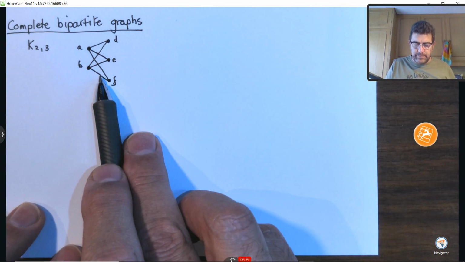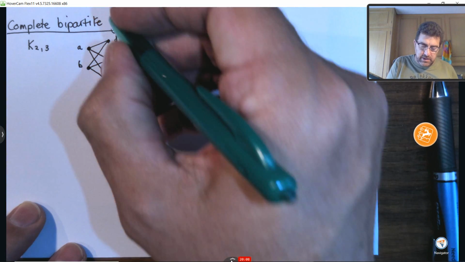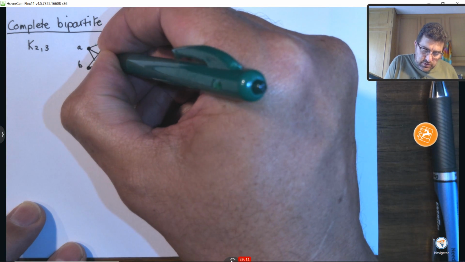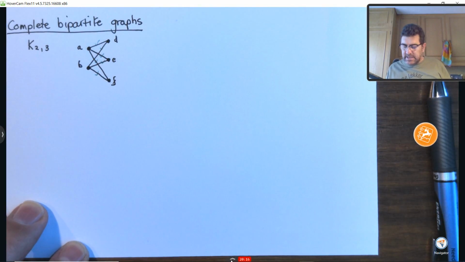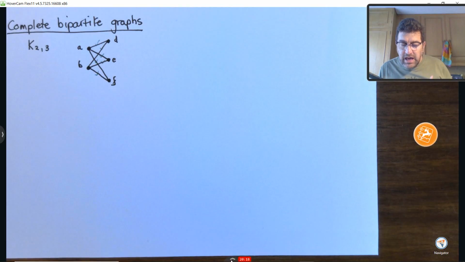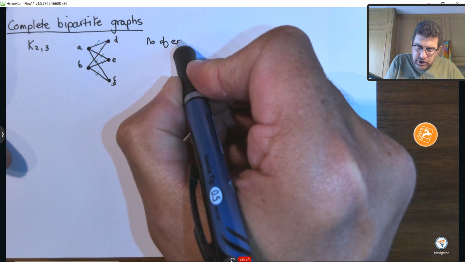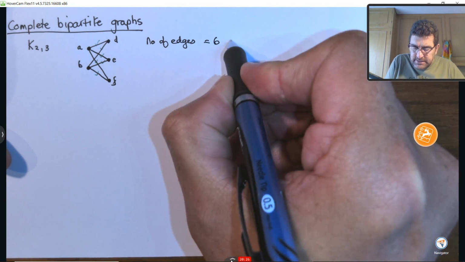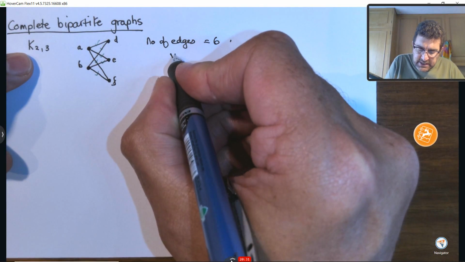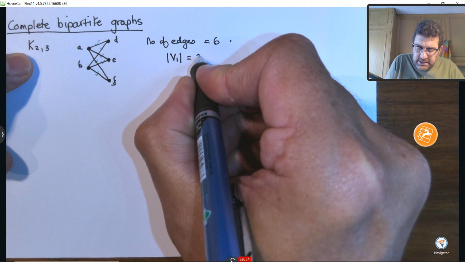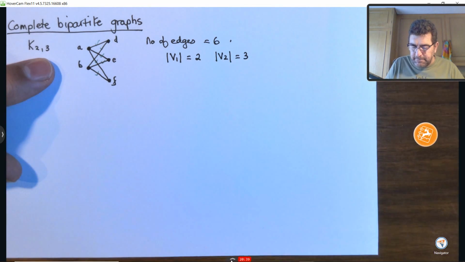Well, let's have a look. Let's count them and let's see if we can find a different way of doing this. There's 1, there's 2, there's 3, there's 4, there's 5, there's 6 edges. So let's see, how do we find this? The number of edges is 6. Well, if we look at the cardinality of vertex set 1, that cardinality is 2, and the cardinality of vertex set 2 is 3.